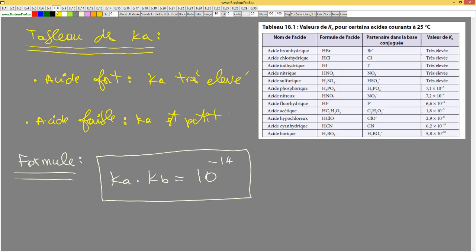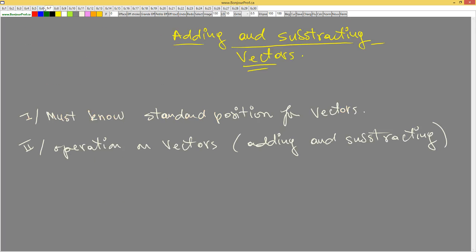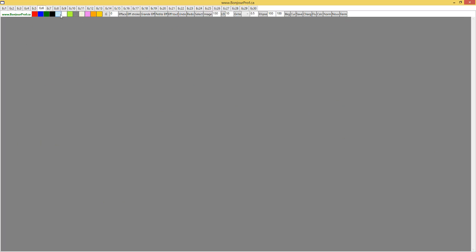Okay, so we go here and we're going to do an example. I'm going to add some vectors. Example: find the resultant vector of V1, which I'm going to put as a force, or velocity.